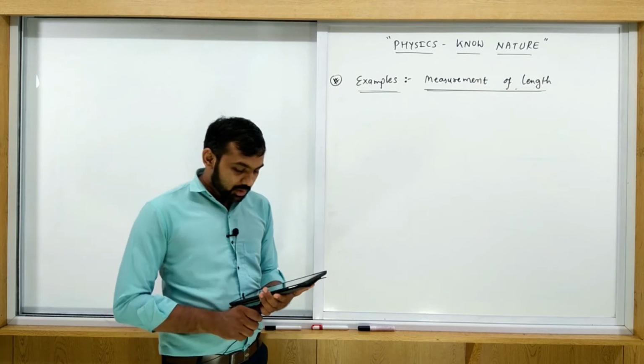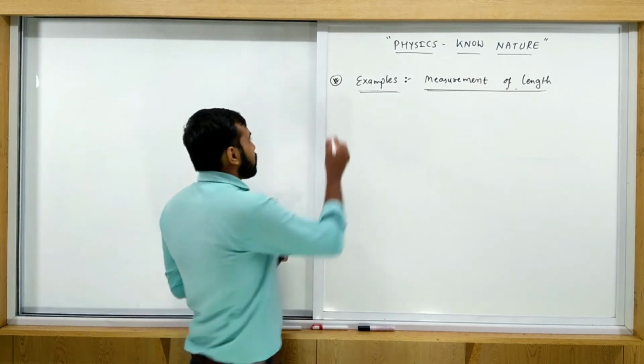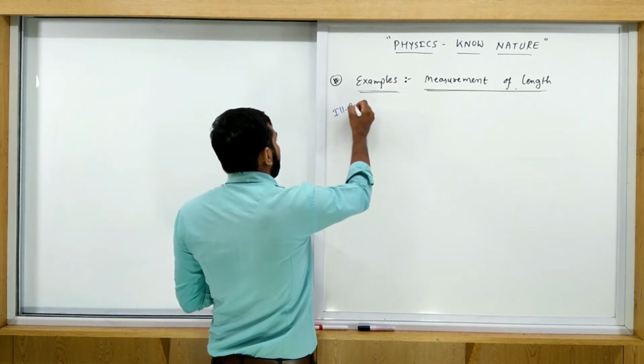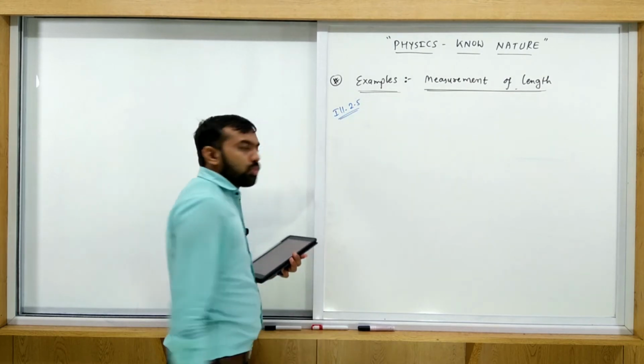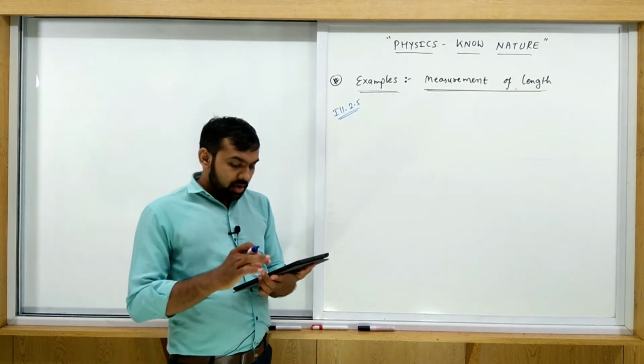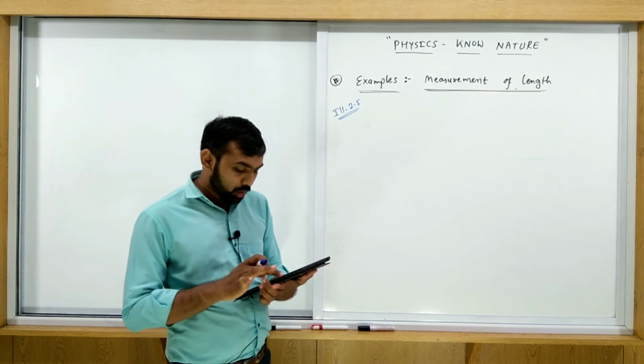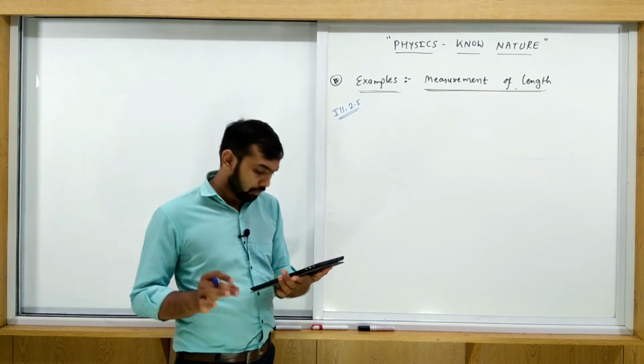Okay guys, let's come to the next example. Illustration number 2.5. What is the problem statement? Page number 20. All of you see page number 20.